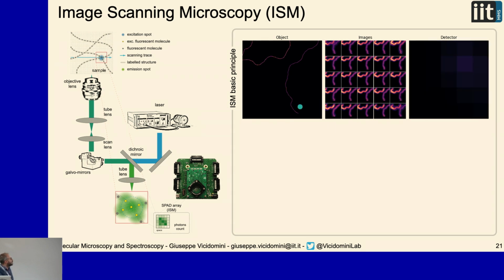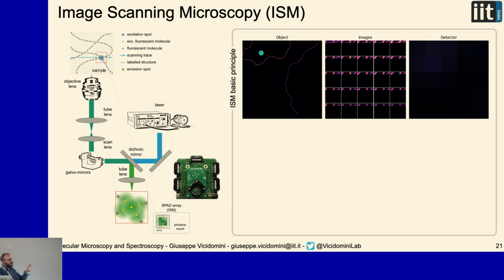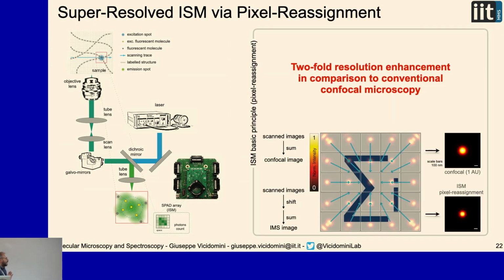So I can see the image of my probing region where I focus my light, or I can see the same data set as 25 scanned images, collected from a slightly different point of view, because the detector is placed in a different position.